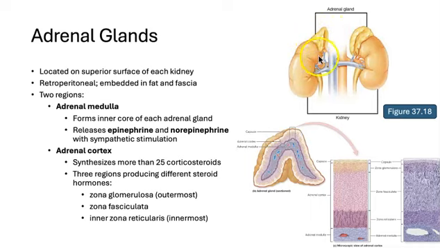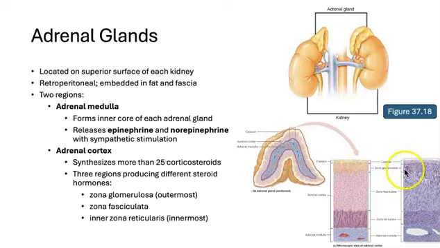But if we were to slice this adrenal gland in half, we would see 2 layers. The inner layer here is known as the adrenal medulla, and it is going to be responsible for releasing epinephrine and norepinephrine when it's stimulated by the sympathetic nervous system for our short-term stress response. And then on the periphery here, we see our adrenal cortex, and this can secrete as many as 25 corticosteroids, and there are 3 different regions.